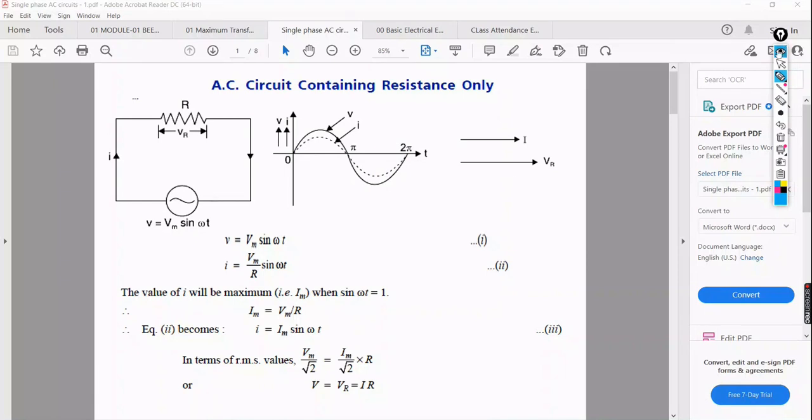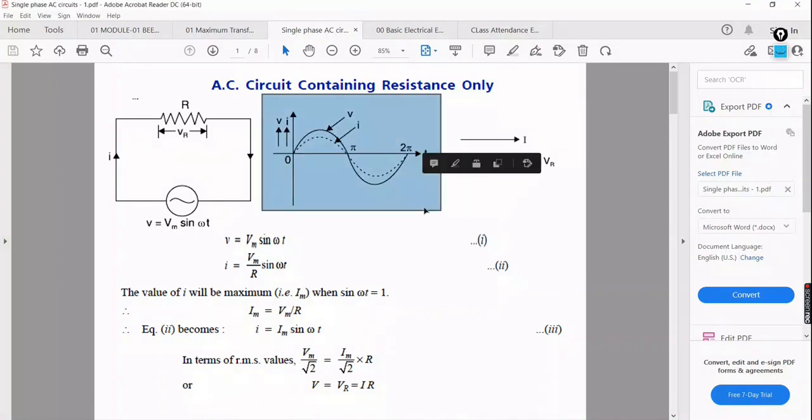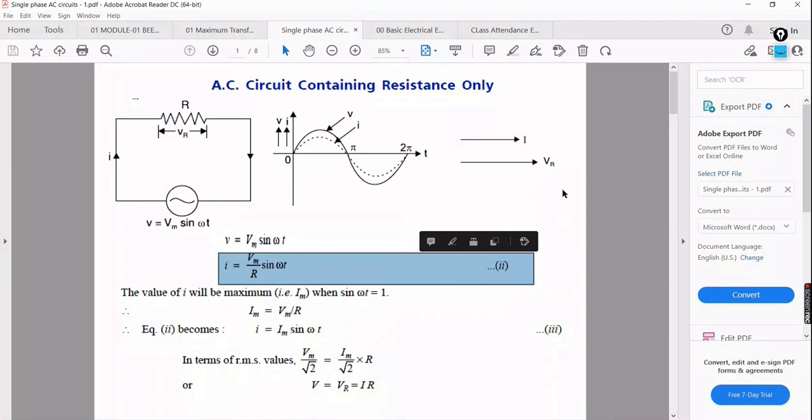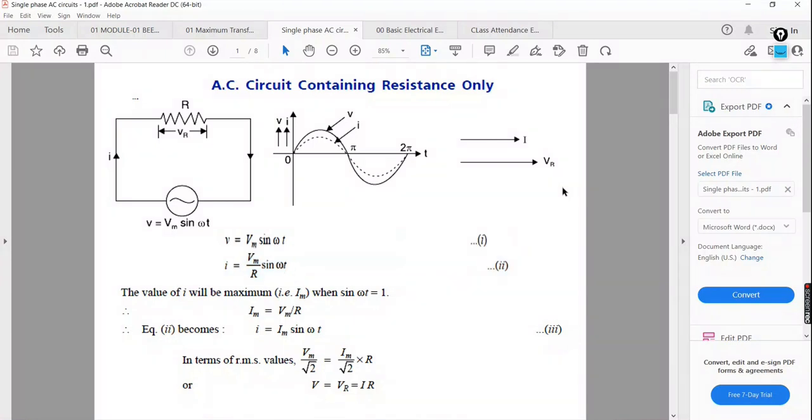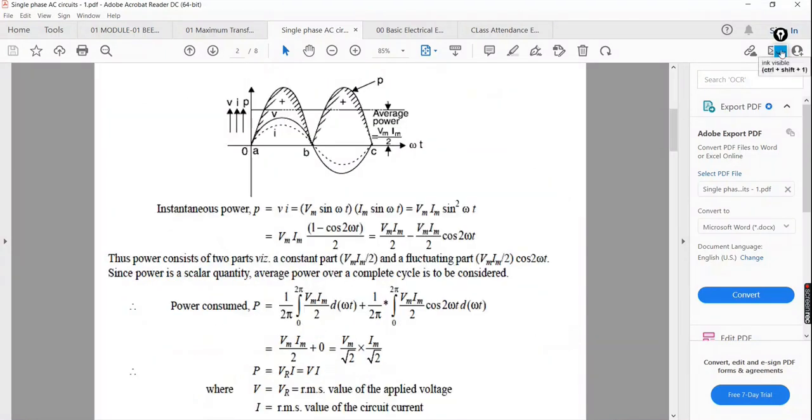Then here we need to consider the power evaluation corresponding to the pure resistance. What is the power equation? The product of voltage and current. Those are instantaneous values, small v and small i. What is v? Vm sine omega t. What is i?